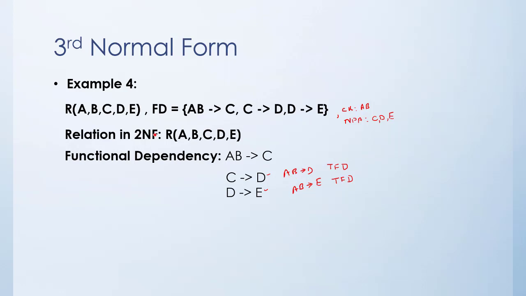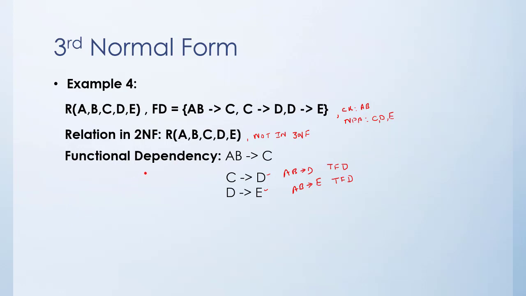So though the relation R is in 2NF, the relation R is not in 3NF, and as it is not in 3NF, we need to decompose the relation into its third normal form, 3NF. So how can we decompose it?